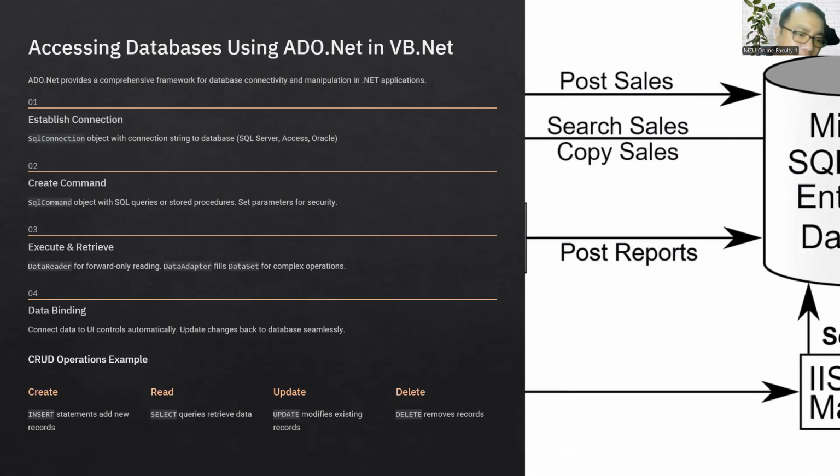Whenever updates happen with the values, the changes go back to the database seamlessly without any problem. So basically with VB.NET, we can do create, read, update, delete operations, as I had just mentioned. The insert statement adds new records, select queries retrieve data from the database, the update query modifies the existing records, and the delete keyword removes records from the database.